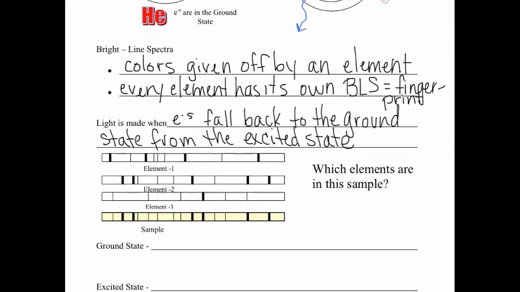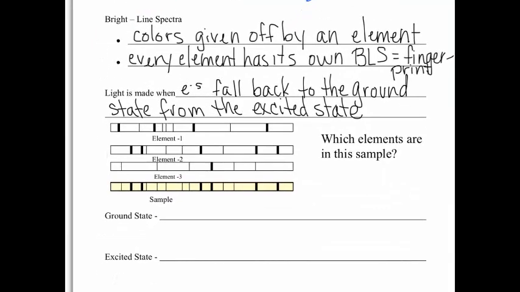All right. So if we look below, we would ideally have these in color. So these are actually bright line spectra, and what you're seeing are the different wavelengths of light that would have been emitted by that element when those excited electrons fall back to the ground state.